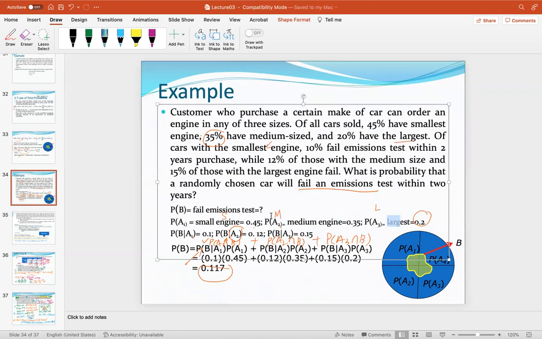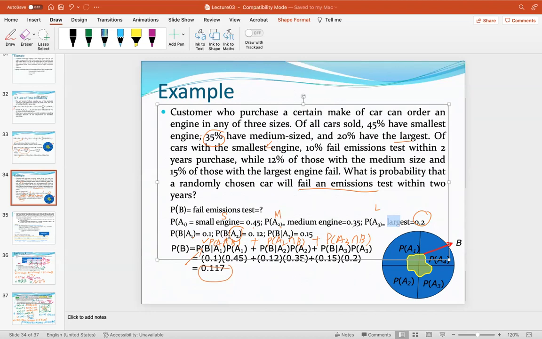I label them as A: A1 is small engine, A2 is medium, A3 is large. Of all the cars with small engine, so given A1, 10% fail the emission test, so P(B given A1) is 0.1.